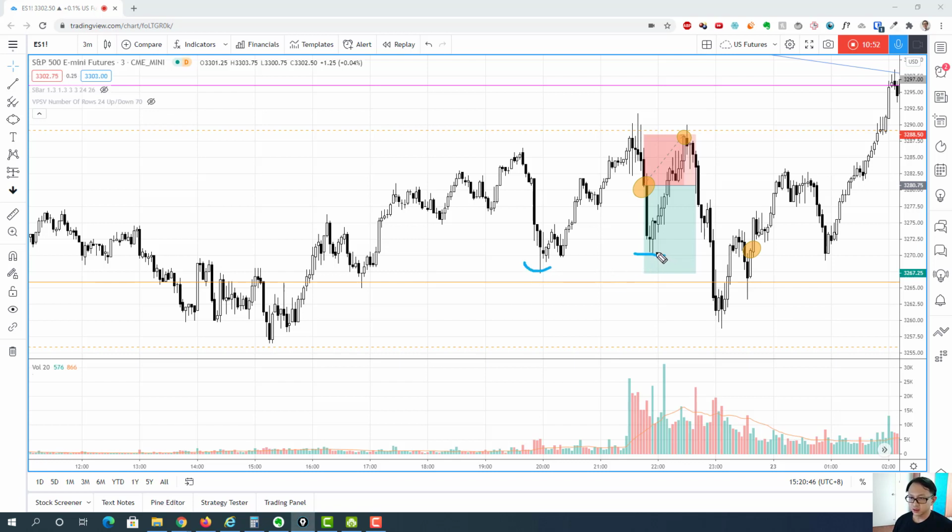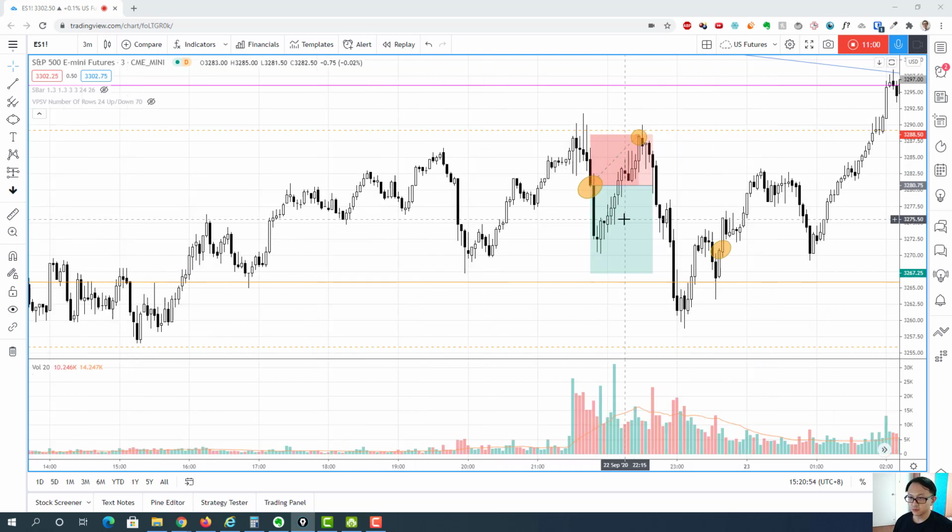In fact, it just shot by a few points and then reversed. Judging by the character of the movement up, I thought it could go down again to have a second leg down. So I didn't move my stop. I just stuck to my original stop here. You can see that eventually I got stopped out right here.